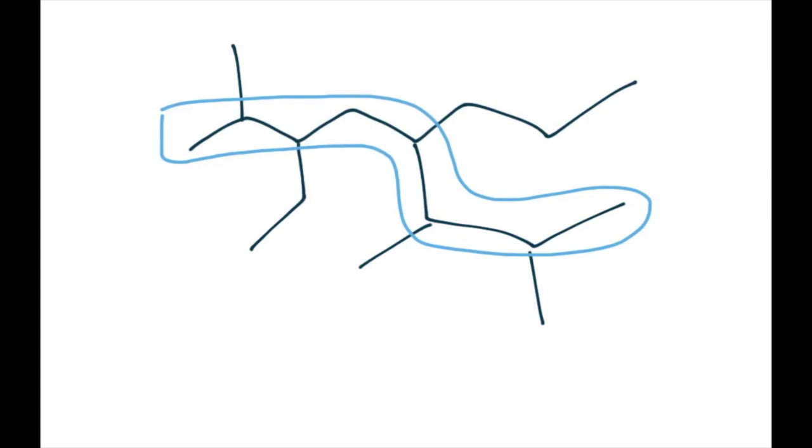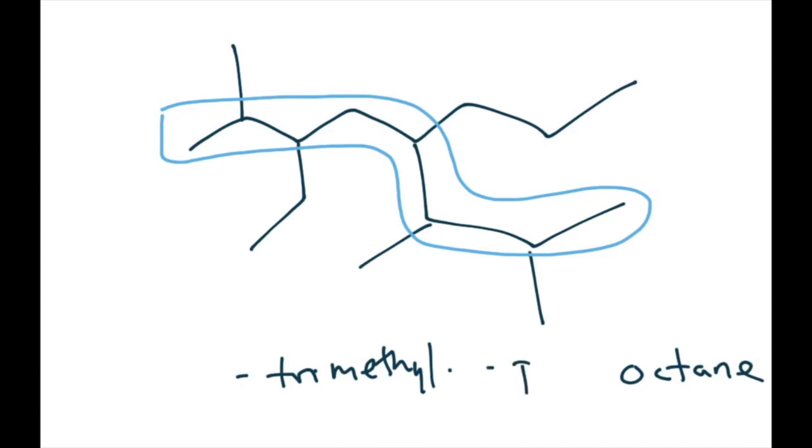So we're going to be octane. And then what are my substituents? We got trimethyl. It kind of goes in the middle this time. I have a propyl and I have an ethyl. We did it, and these almost look like letters.